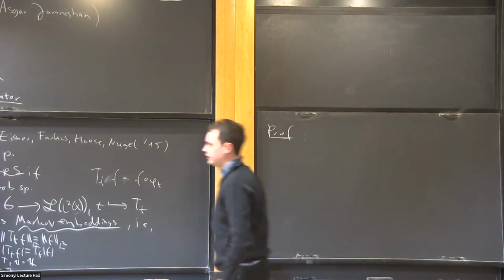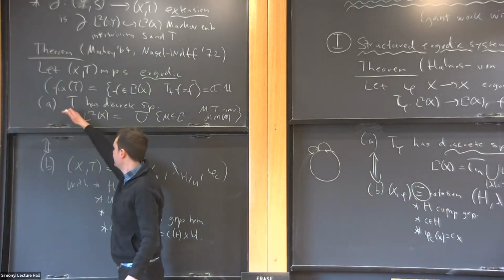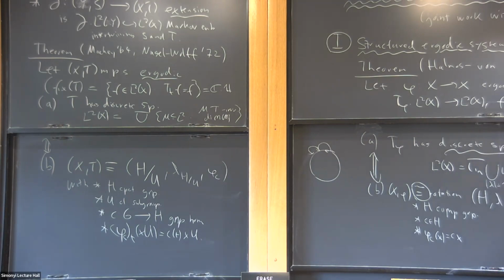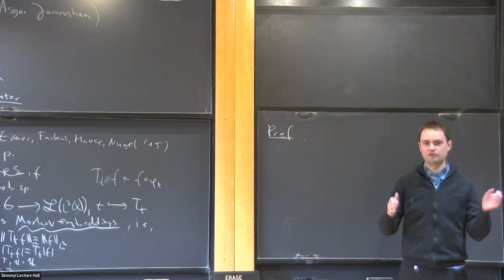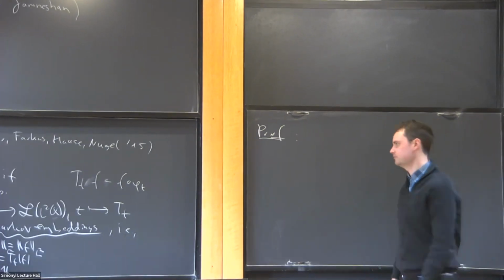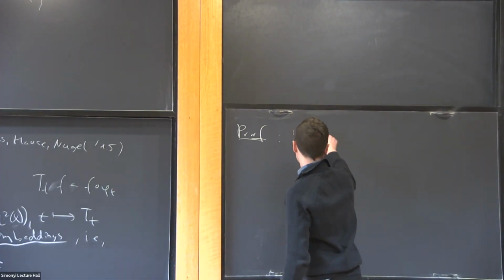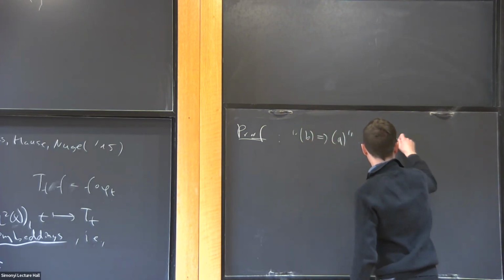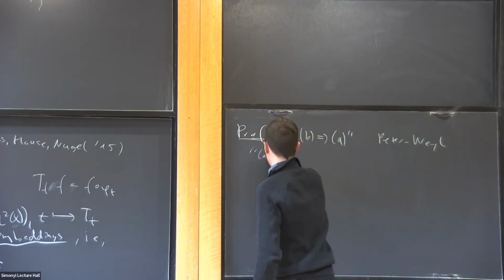And first, I should say that, of course, from B to A, this is just an application of the Peter-Weyl theorem, which tells you that the L2 space of a compact group, if you look at the left regular representation, always decomposes into finite dimensional parts. So the first implication from B to A is really just an immediate consequence of the Peter-Weyl theorem. So really the interesting direction is to come from A to B.